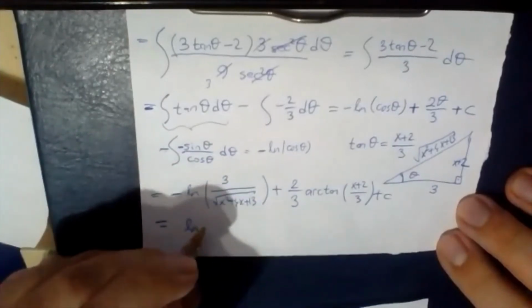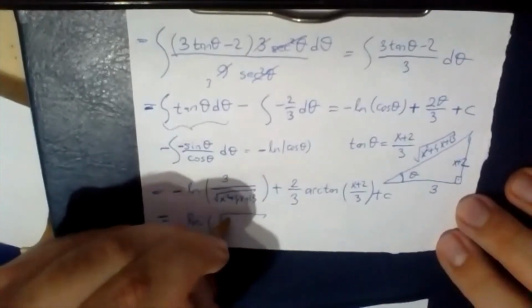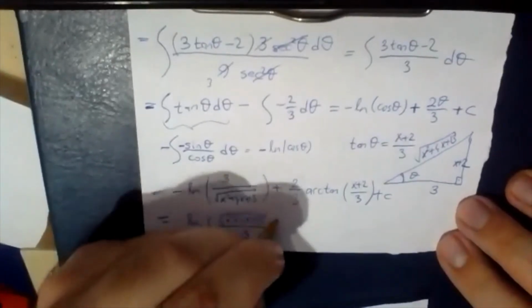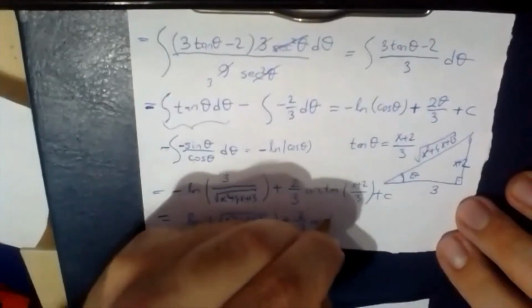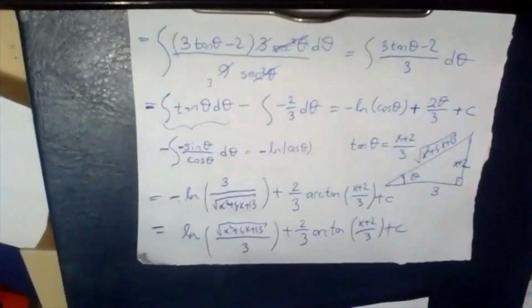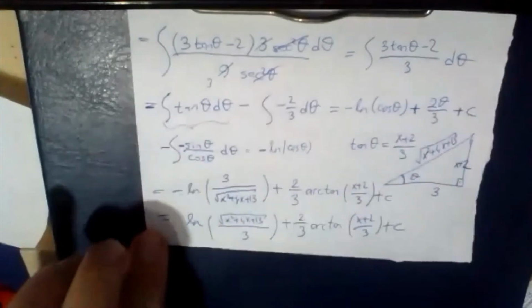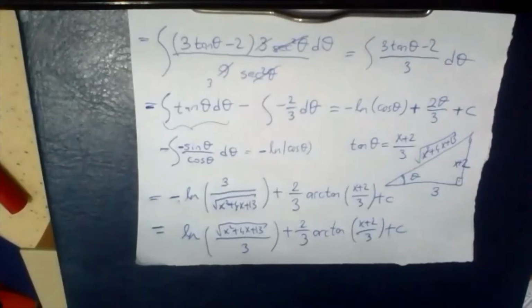So it will be ln of the square root of x squared plus 4x plus 13 over 3, plus 2 over 3 times arctan of (x plus 2) over 3, plus a constant c. Now, the answer of question 26 is that, and we are ready for question 30.